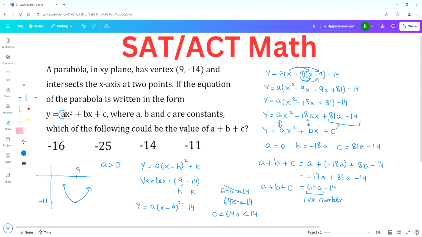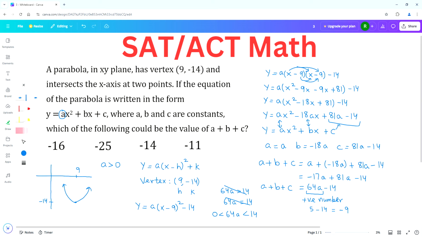If this is the case, then the value of the expression 64a minus 14 will be negative and its value will be greater than negative 14. For example, if 64a is equal to say 5, then 5 minus 14 is equal to negative 9, and negative 9 is greater than negative 14.